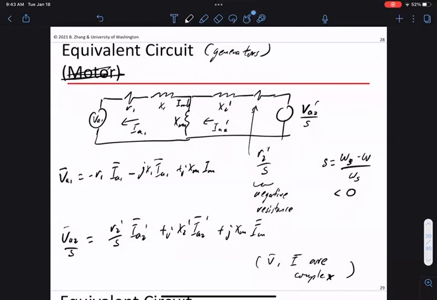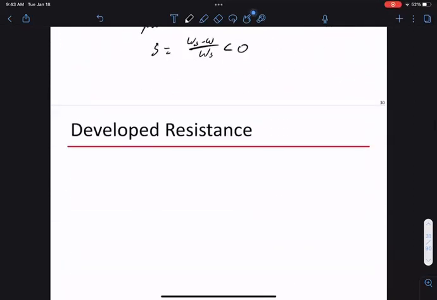Okay, so generator. The one thing that's a little bit special in this circuit is the developed resistance. If you look at the circuit on the secondary side, we have something called R2 prime over S. Where does this R2 prime over S come from? How do we think about this?